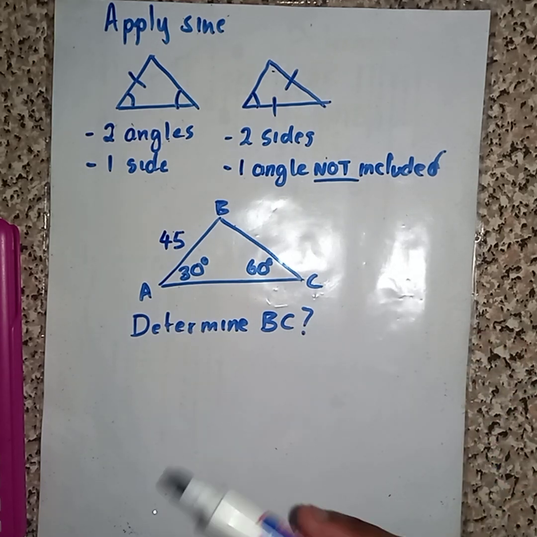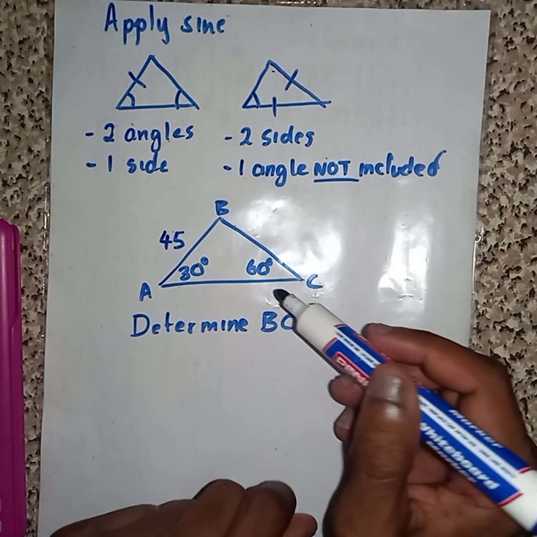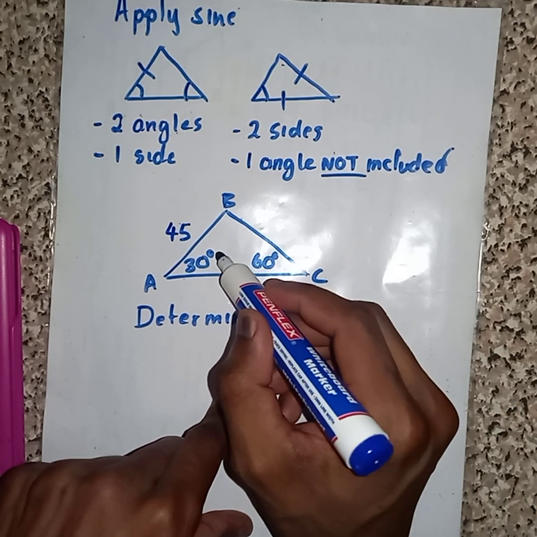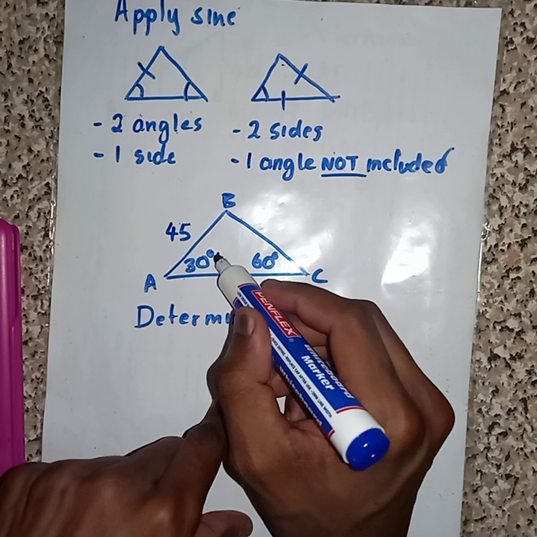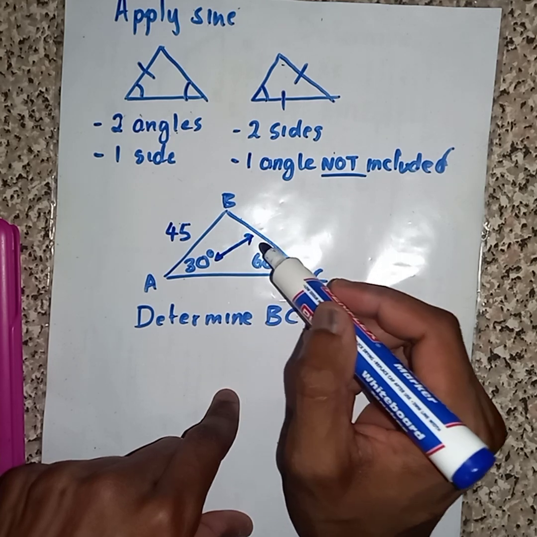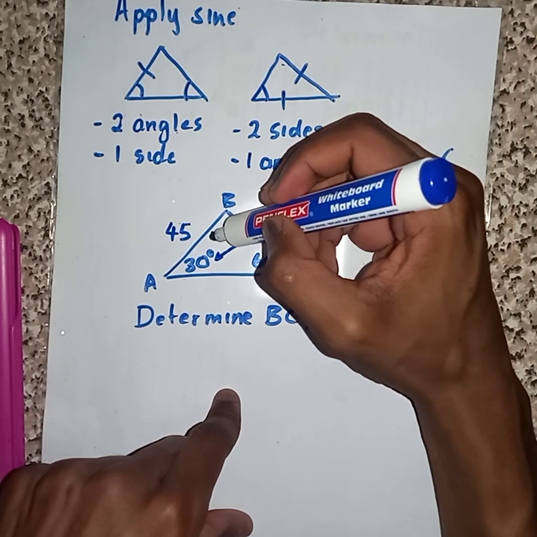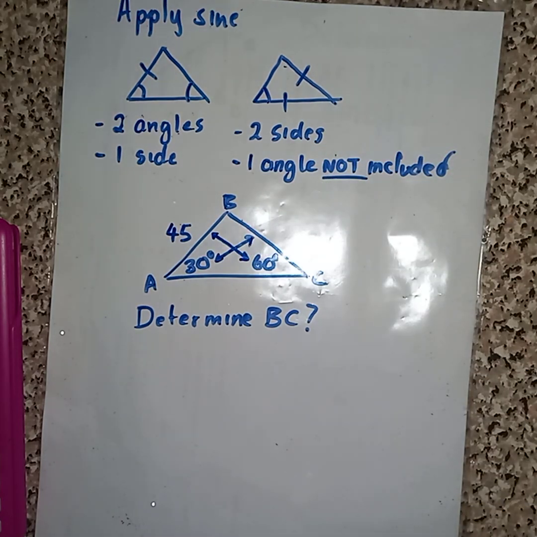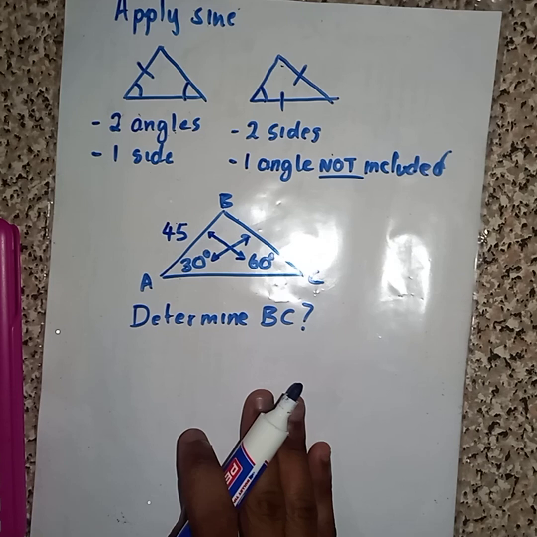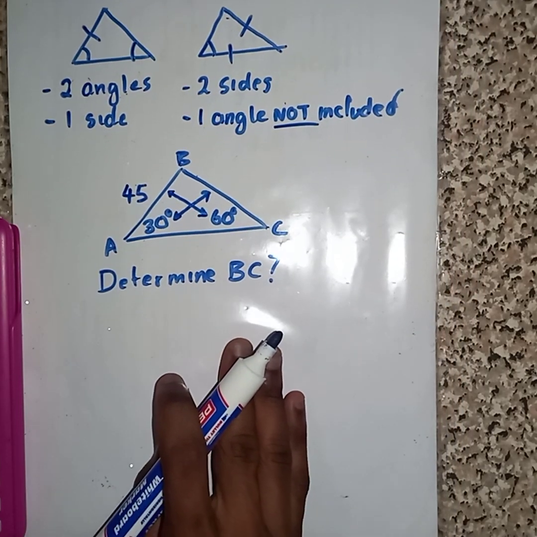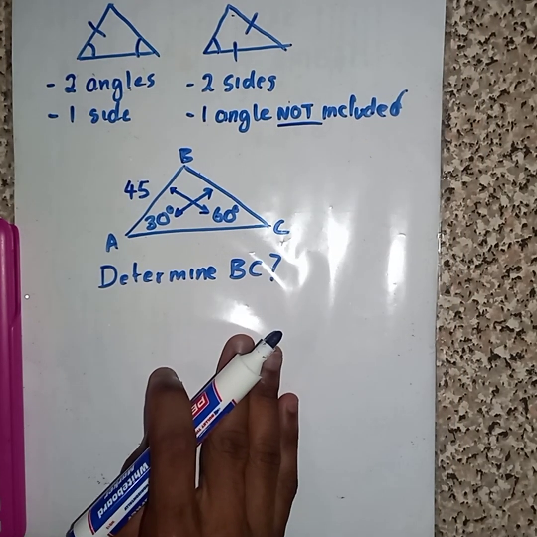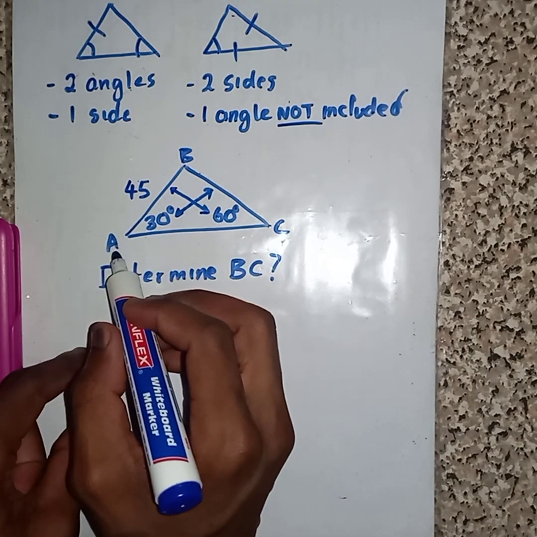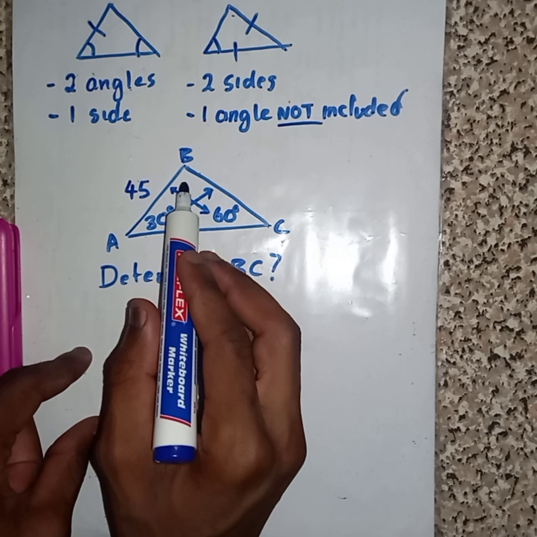Then for us to get the value of BC, we are going to use this strategy of drawing arrows like this. At this point, we can clearly see that I have angle C and angle A, but not B.